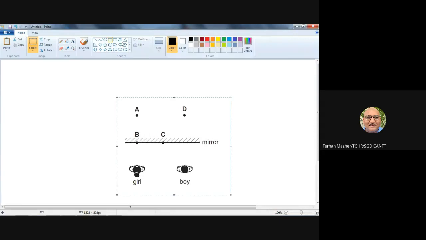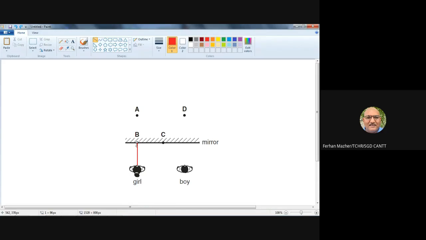So first of all, I will start a ray from the girl and that will go straight. Let me do it another way. I will start a ray from the girl directly to the mirror.